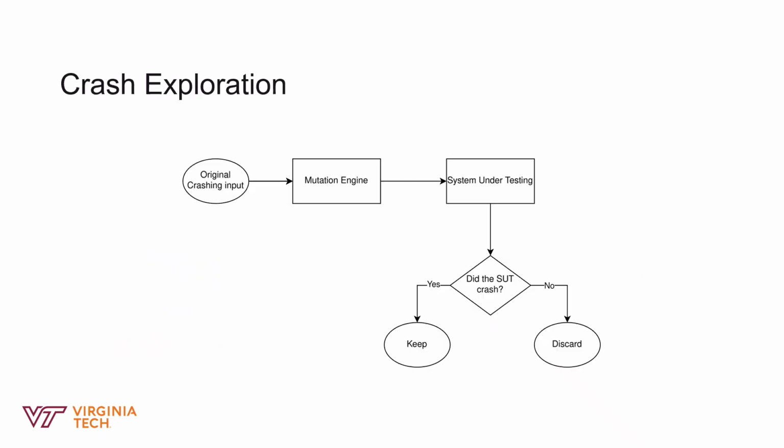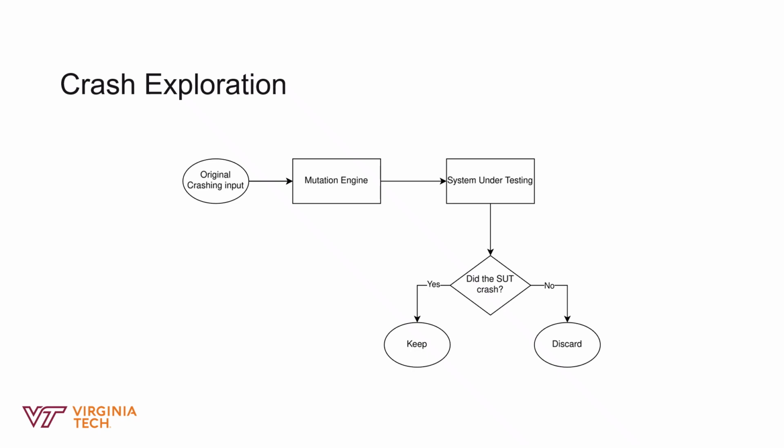And to do that, we use crash exploration. Crash exploration allows us to find many related crashing inputs, because it's difficult to find that by yourself. Crash exploration is actually a built-in feature of many fuzzing frameworks, such as AFL++.